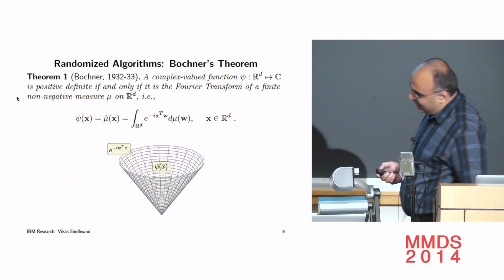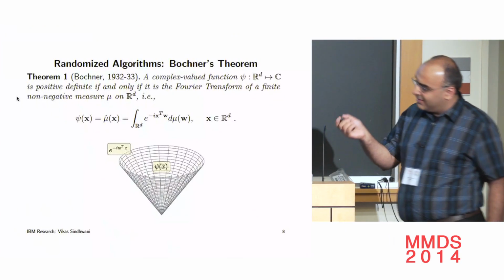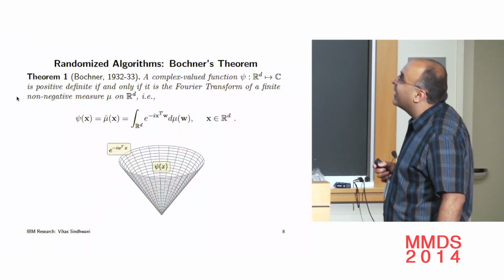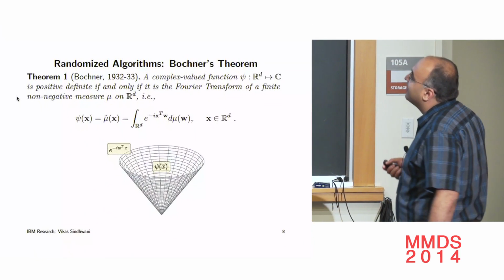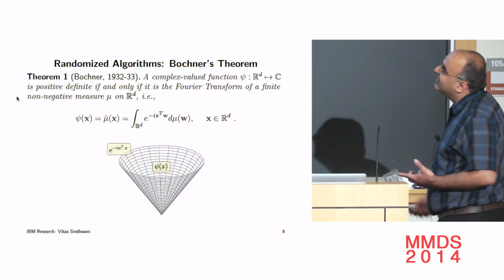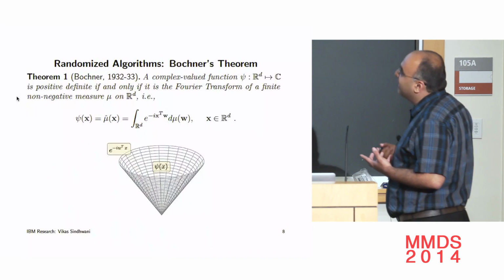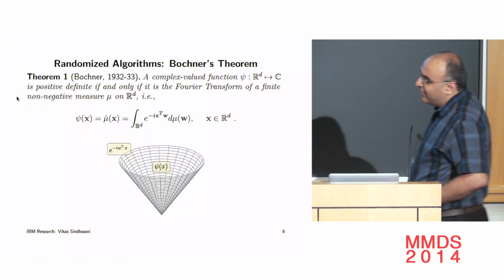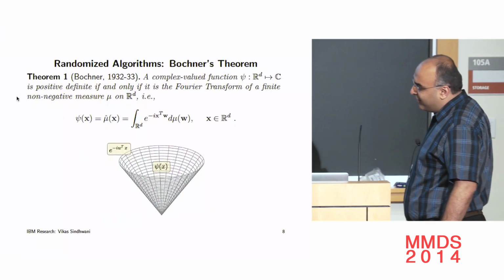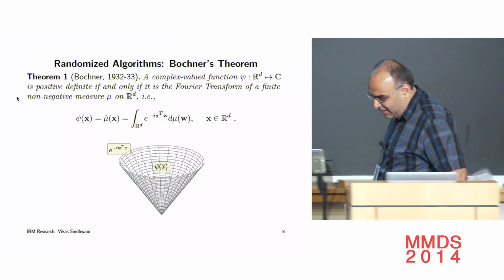So the basis for Rahimi and Recht's random Fourier features technique is this classical result by Bochner in 1932-33, which characterizes the class of positive definite functions. And it basically says that psi, which is a complex valued function on R^d, is positive definite if and only if it's the Fourier transform of a non-negative measure on R^d.